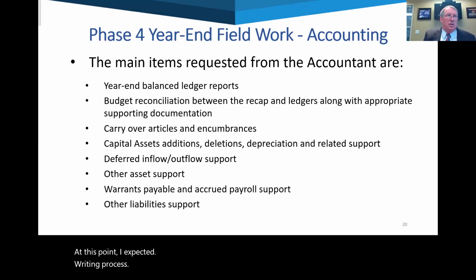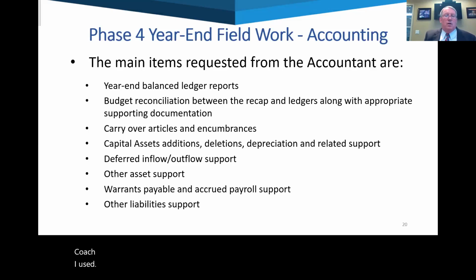So some of these things are asked for before we even come out to the field work, so we can get things started. But the accountant's responsible for a budget reconciliation between the tax recap and all the subsequent votes and the ledgers on the budget to actual, and we need supporting documentation. So each one of these on that particular checklist are used to make sure that we got what we needed for our work papers to do a comprehensive audit.